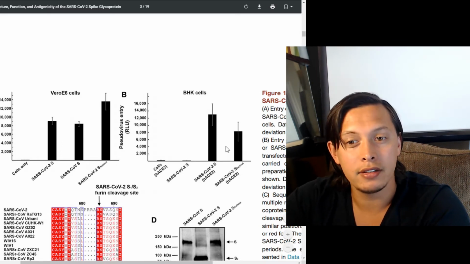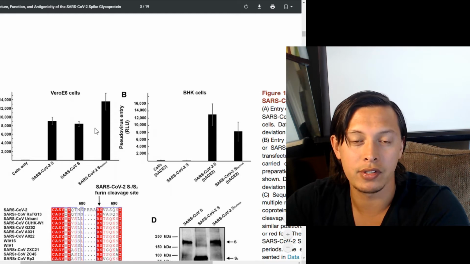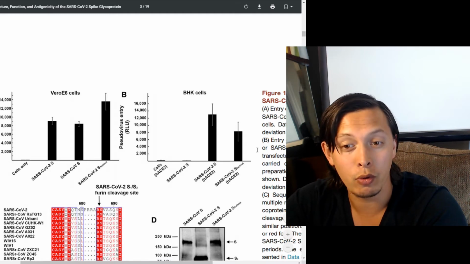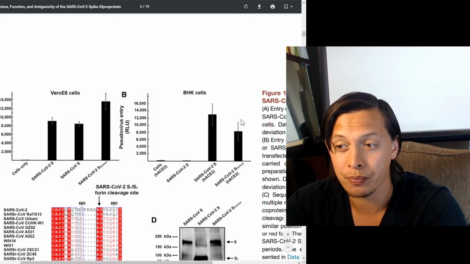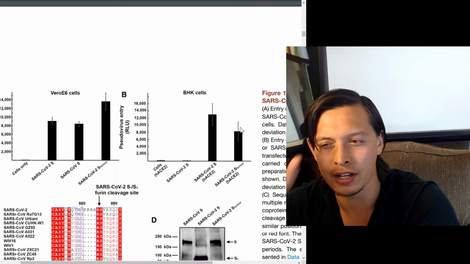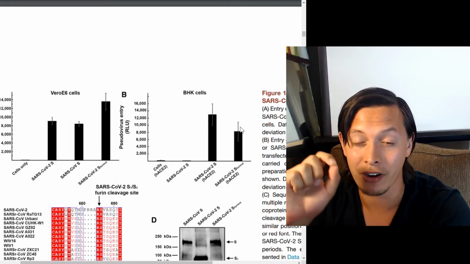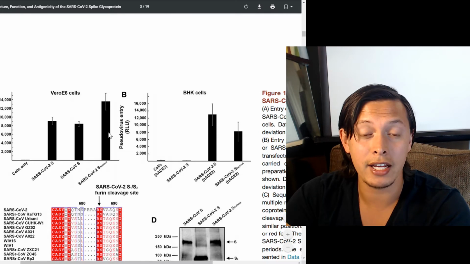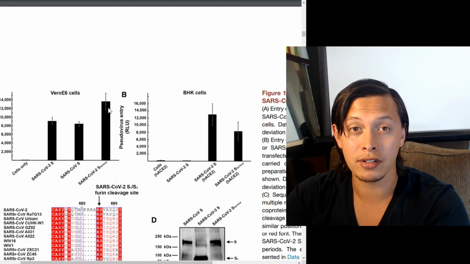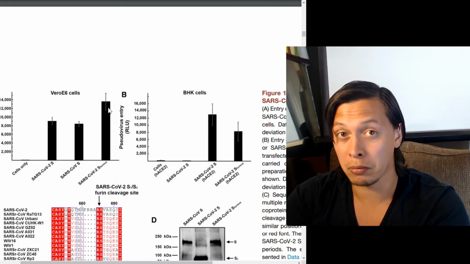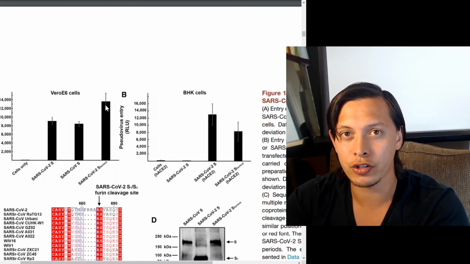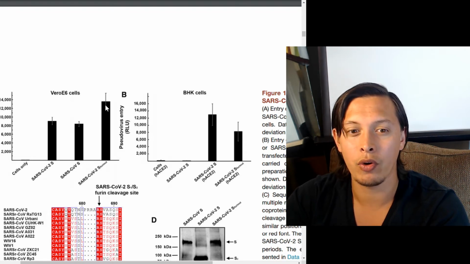And then they took those same viruses and infected the baby hamster kidney cells, and they also were able to go in, except with less efficiency. So what they're saying is, and I have a hard time grasping all of this, that the uncleaved spikes, even though they are cleaved normally beforehand, are able to enter the cell without any problem.